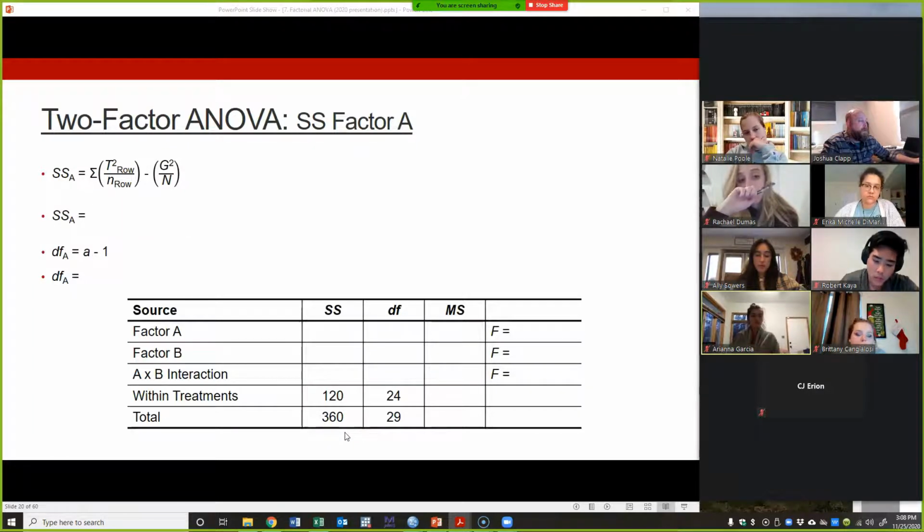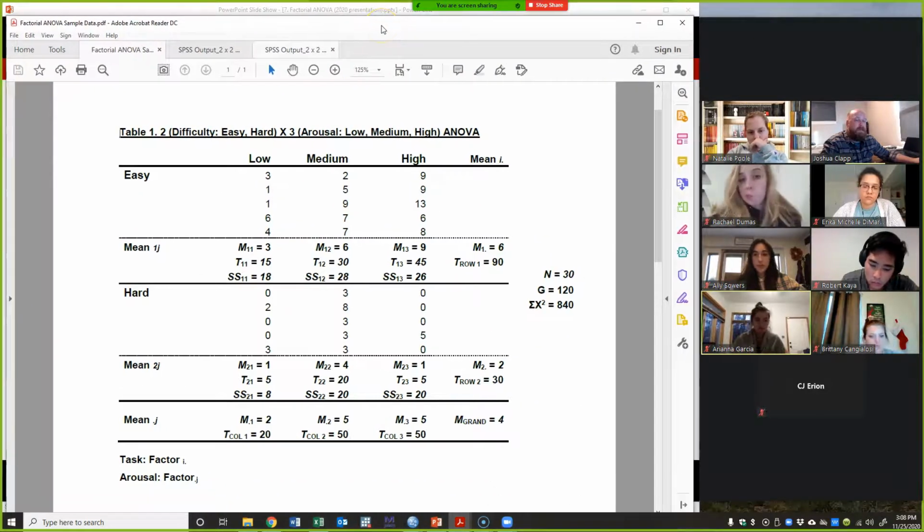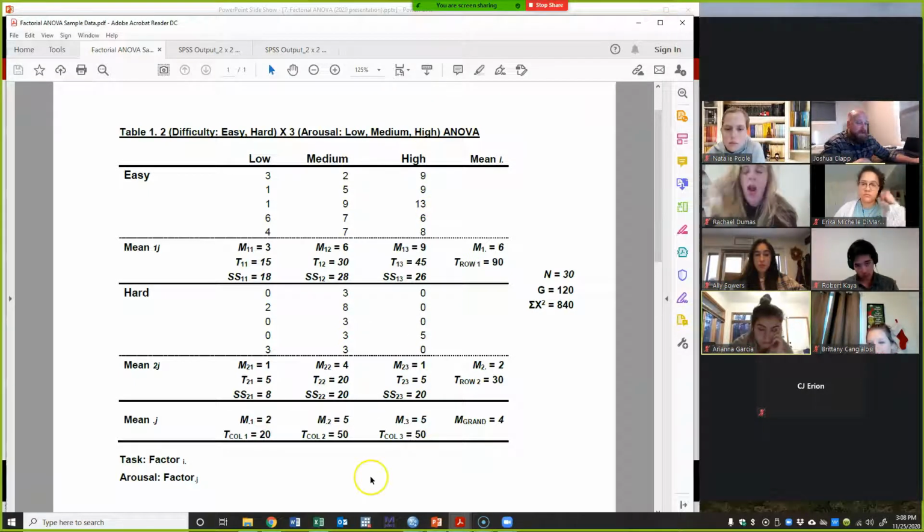Factor A here is arousal level. We've got the mean for low arousal, ignoring task difficulty. Down here we've got the mean performance for medium arousal, ignoring task difficulty. And here we have the mean of high arousal, ignoring task difficulty.